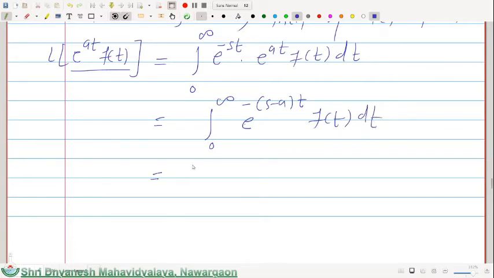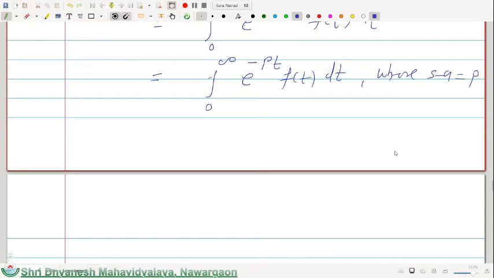So again, by the definition of Laplace transform, we can write this as the integration from 0 to infinity of e to the power minus pt f of t dt, where s minus a equals p.